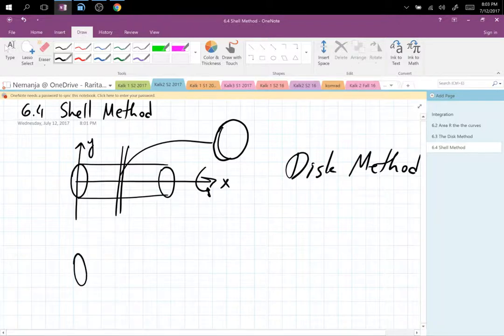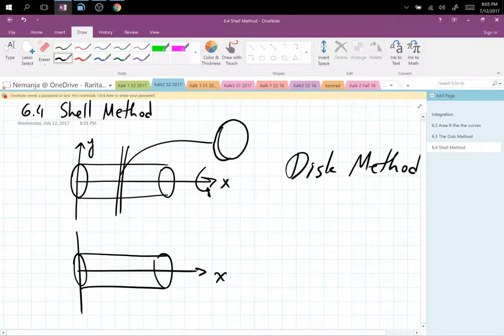Now I'm going to take the same cylinder, and instead of cutting it, it still rotates on x to create the cylinder. But instead of cutting it vertically, I'm going to cut it horizontally. So the cuts are going to come in like this. Now that creates shells, right?